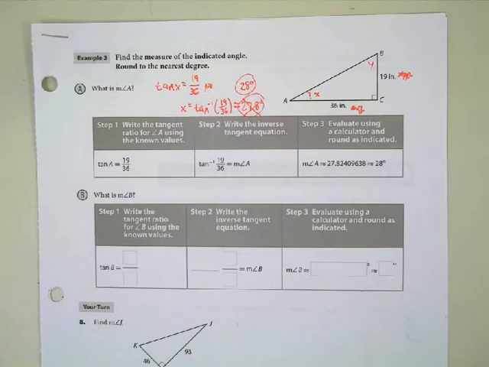Okay, so remember our little memory trick, SOHCAHTOA. Which one has opposite and adjacent in it? Sine, cosine, or tangent?